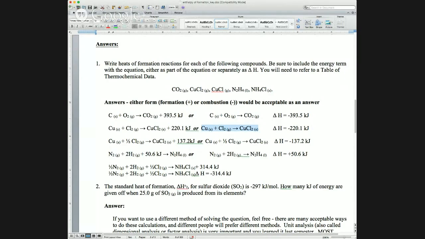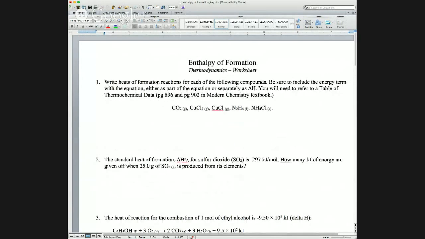I think the direction said, what did the direction say? It gave a couple examples, page 896 and 902. I'm sorry if that was not in there. I would say that the actual delta H value, if it's on the test, obviously we're going to provide it for you.